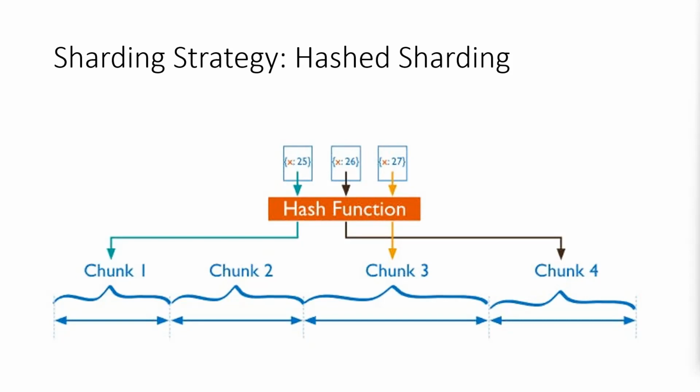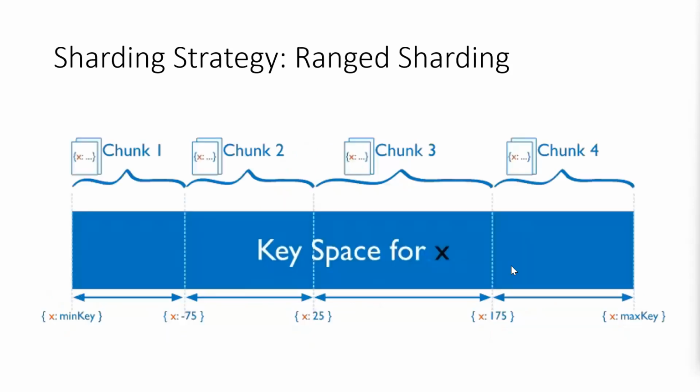The two architectures we just talked about: the first one we call range sharding, which we have here, and then ranges we can define. For example, let's say you have IDs from 0 to 50.